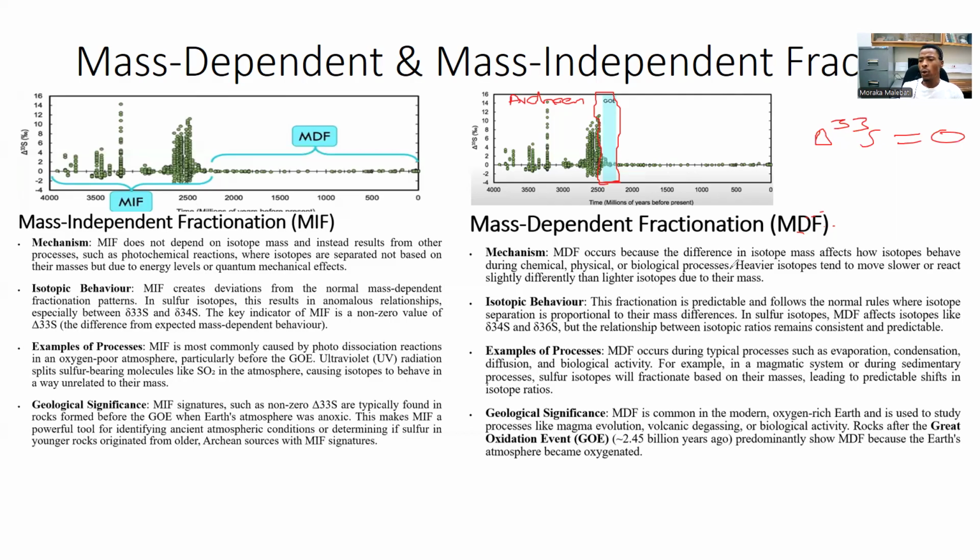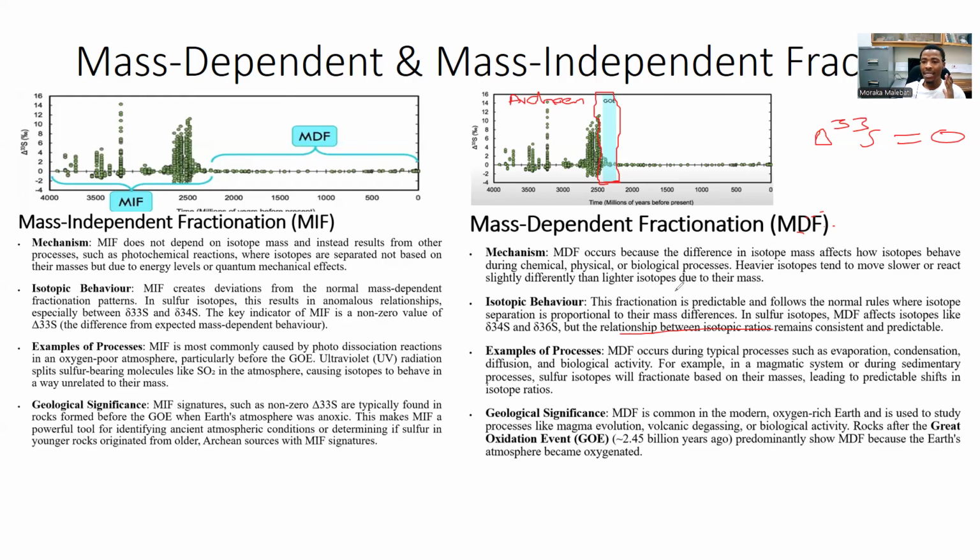All right, so in sulfur isotopes, if we are to give you an example, looking specifically at sulfur isotopes, the mass-dependent fractionation affects isotopes like sulfur 34 and sulfur 36. But the relationship between isotopic ratios remains consistent and predictable.